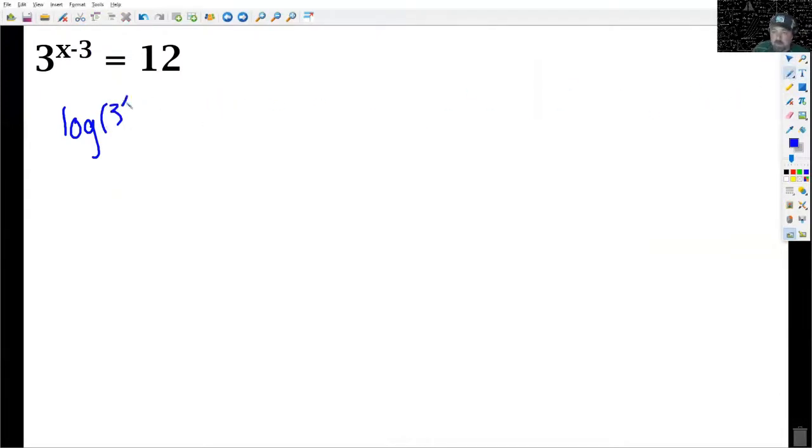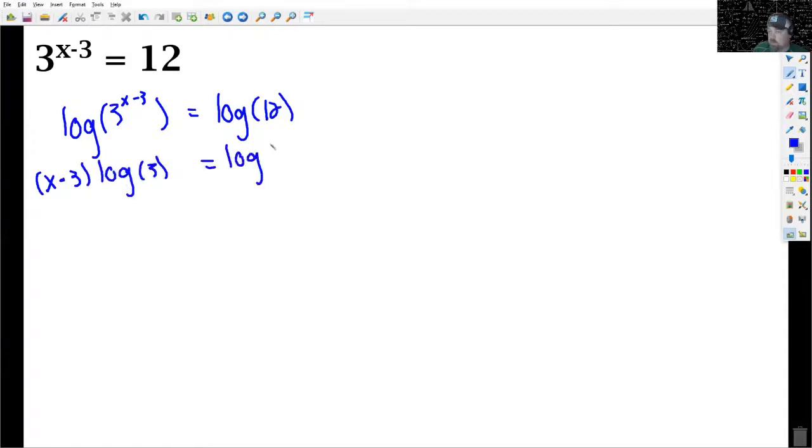So this is log of the left side, log of the right side, because this allows me to go x minus 3 times the log of 3. This is log of 12 still.